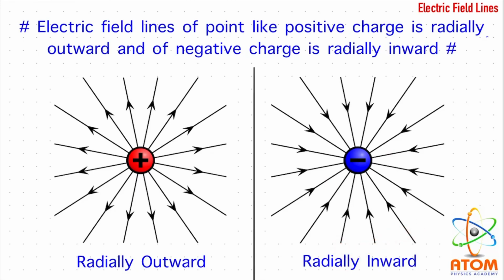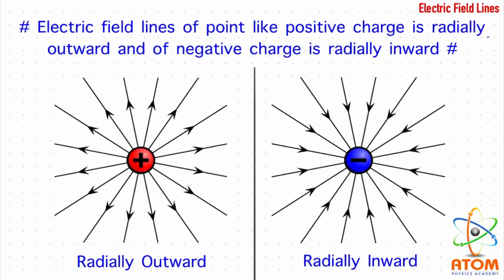One can draw n number of such field lines in any region, but the number of field lines is not important. What is important is the relative density of field lines. Let us understand this. Here, for this positive charge Q, the region near the charge Q has denser electric field lines, whereas if we go away, then in this region, the electric field lines are rarer.